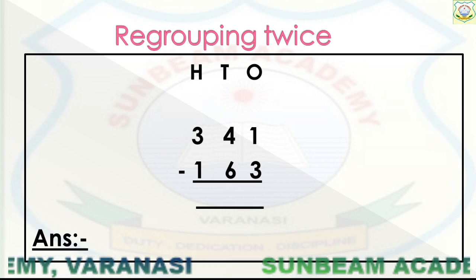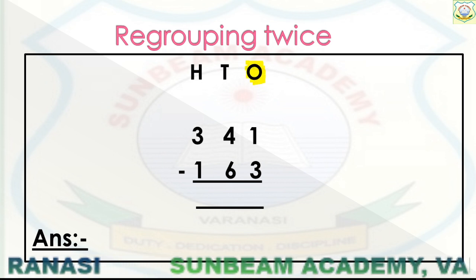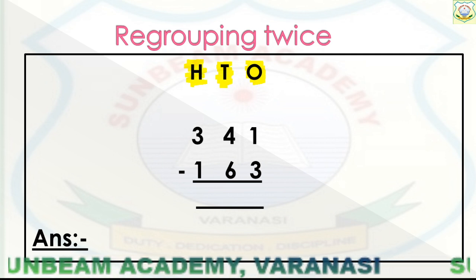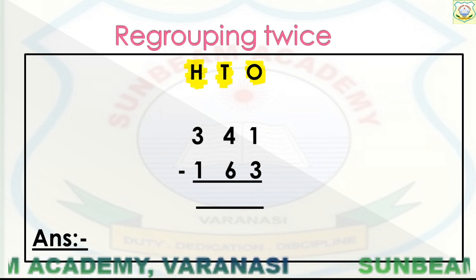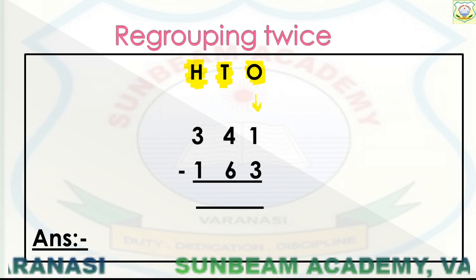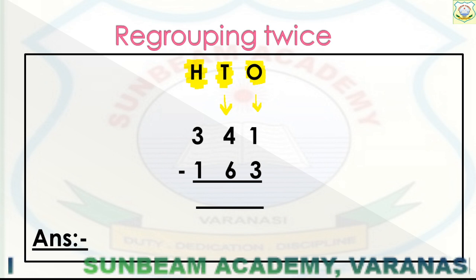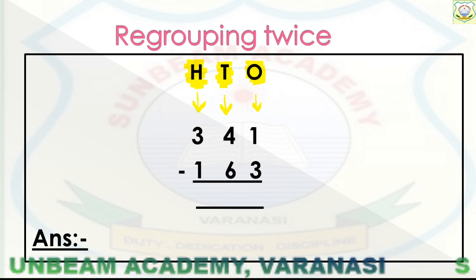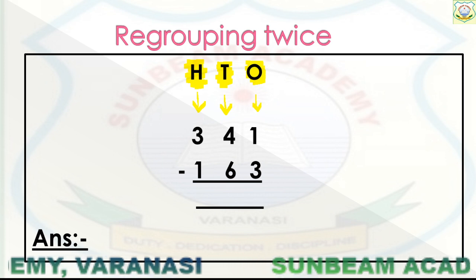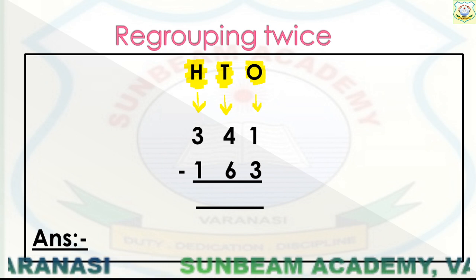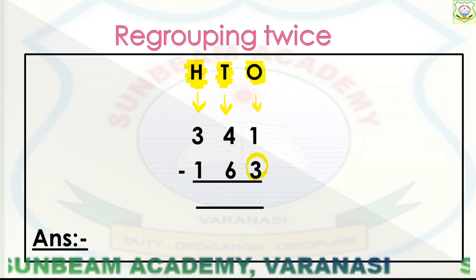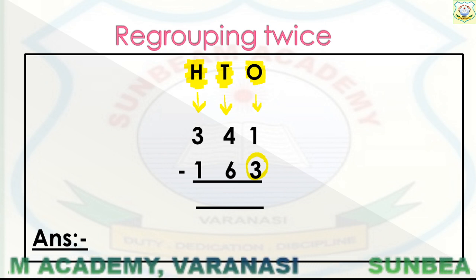So this is the ones column. This is the tens column. This is the hundreds column, right? Now see, can we subtract 3 from 1?